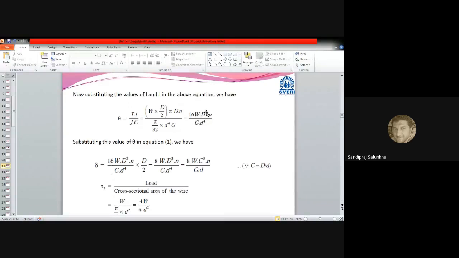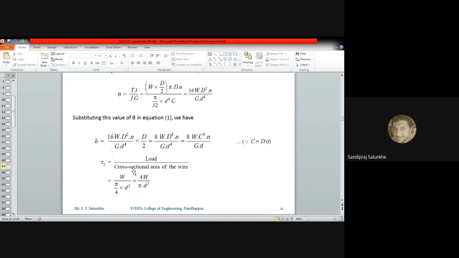So 16 W D square divided by G small d raised to 4 into N multiplied by capital D by 2. This equation will become 8 W, this D square and this D become D cube into N divided by G small d raised to 4. And if we put capital D divided by small d as C, the spring index, then it will become C cube and one d will remain as it is.